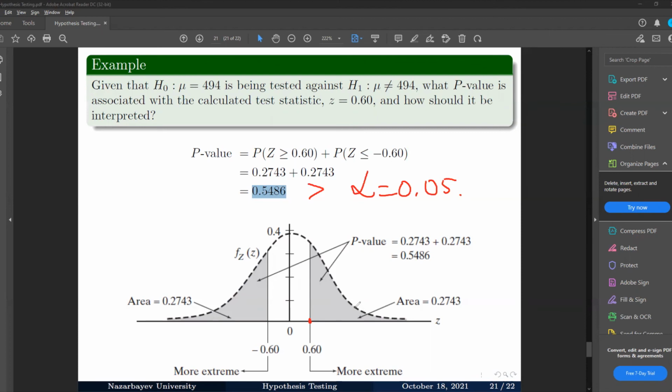Also, let me briefly mention the case of a one-tailed test, although we said that we are not going to consider one-tailed tests. In the case of a one-tailed test, let's say you are testing the null hypothesis of the mean being equal to 25 against the alternative hypothesis that the mean is greater than 25.